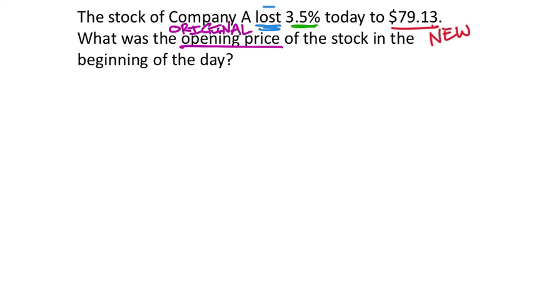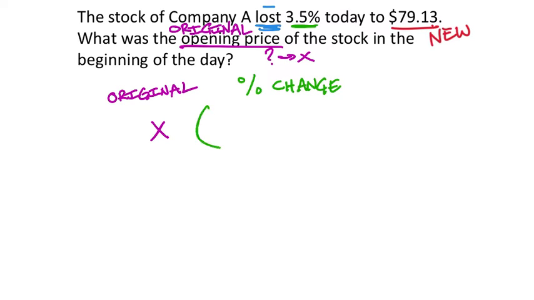So let's take the original price, which we don't know, right? We don't know what this is, so I'm going to be using an X for that. So let's take the original, which we don't know, X, and then I'm going to apply my percent of change. That's going to be multiplied. So again, you take 100% of the price of the stock.